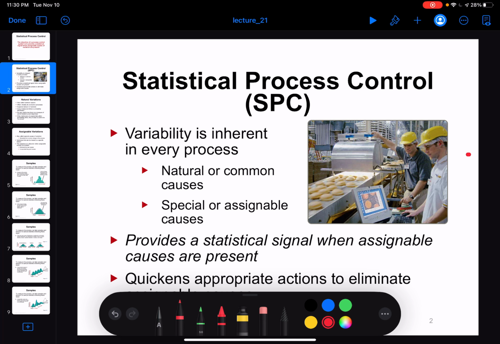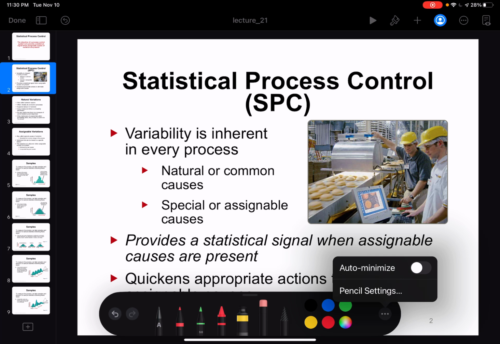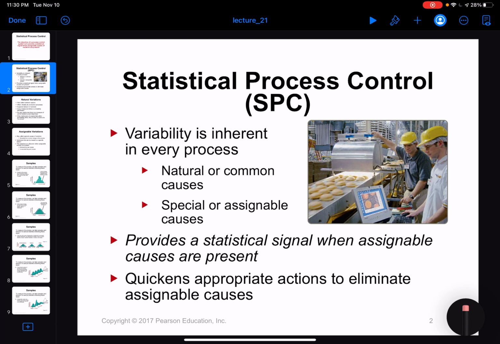So statistical quality control is basically a way to try to identify anything wrong. The first point is variability. Variability is the issue.